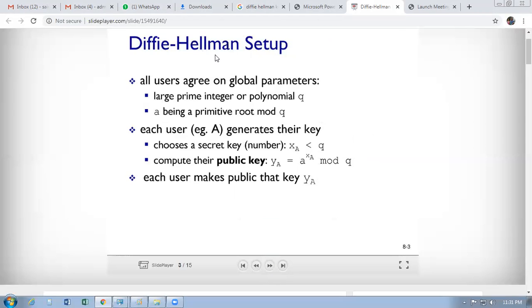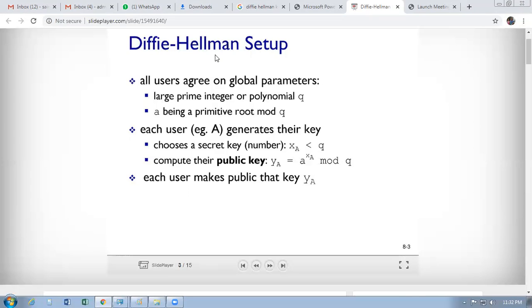So, Diffie-Hellman setup. First, the sender and the receiver must agree on global parameters. We need a prime integer q, and you have to select one primitive root modulus q. That primitive root is termed a, or it may be termed alpha.